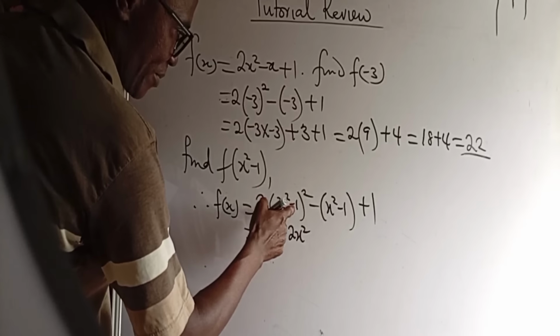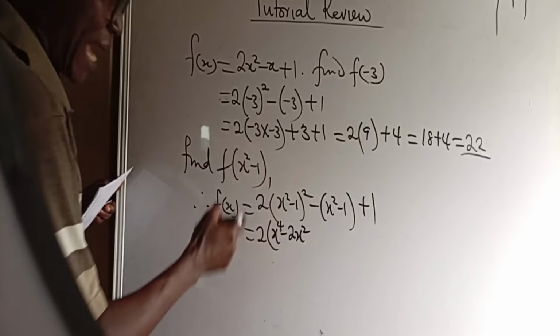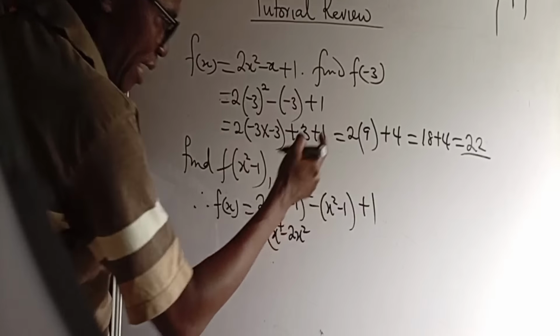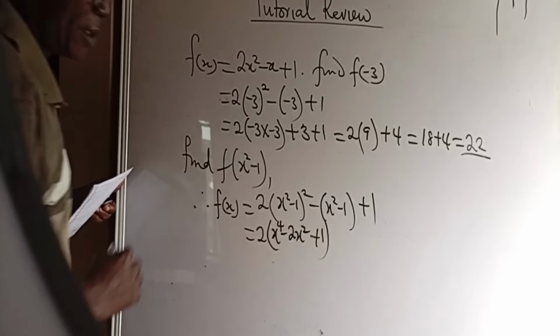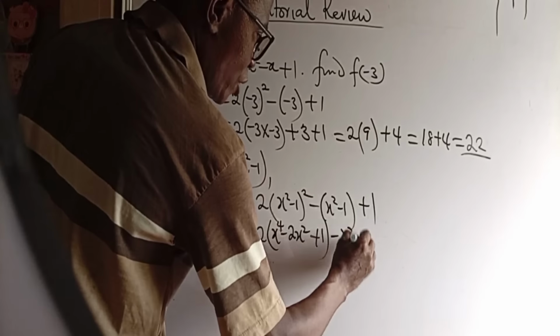Then x squared times minus 1 times 2, that 2 is a constant. You multiply x squared by minus 1, that is minus x squared, multiplied by 2, minus 2x squared. Then minus 1 squared, that will be plus 1. Then when you open up this bracket, you have minus x squared plus 1.